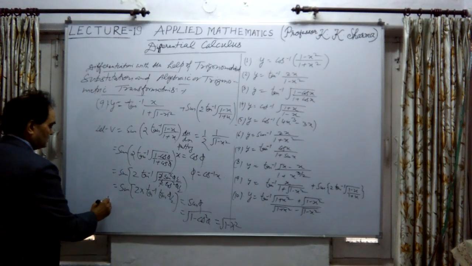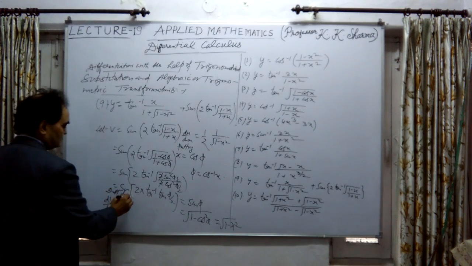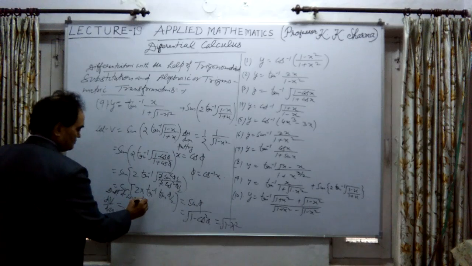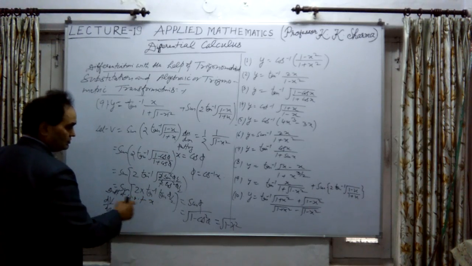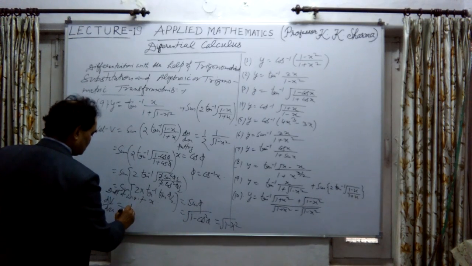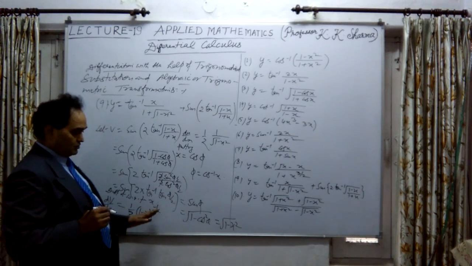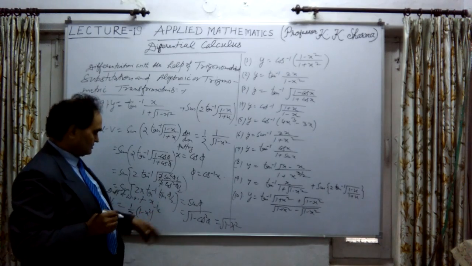Now dv by dx, differentiating with respect to x, we get dv by dx equal to the derivative of under root 1 minus x square. So this is 1 minus x square the whole power half, so half into 1 minus x square to the power minus half.